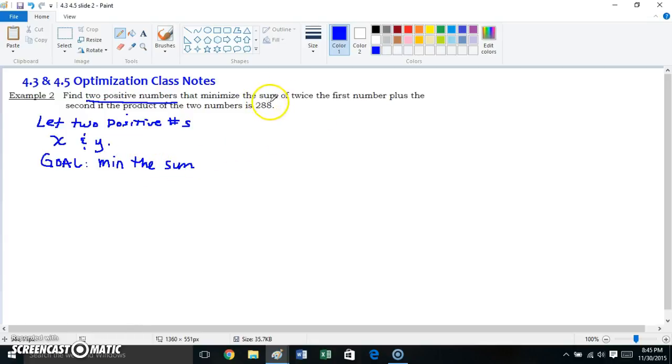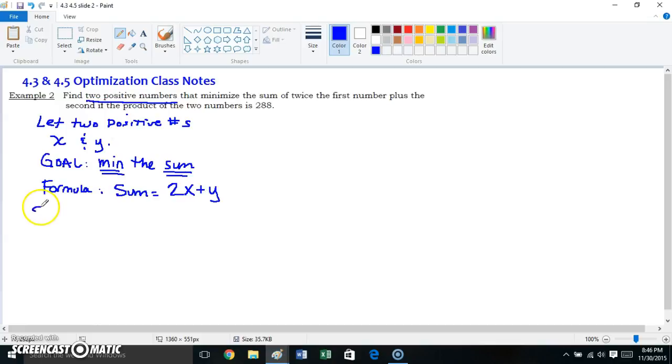Okay, but not just the sum of x plus y, the sum of twice the first number plus the second. So let's write a formula for the sum. The sum is equal to twice the first number, I'll let x be the first number, plus the second. Okay, and our goal is to minimize that.